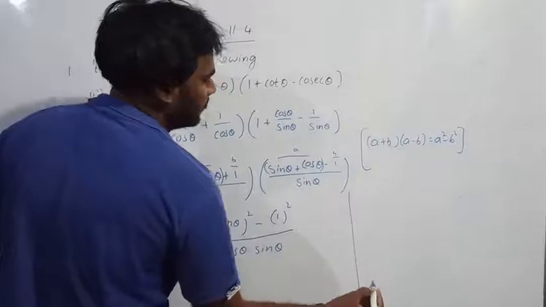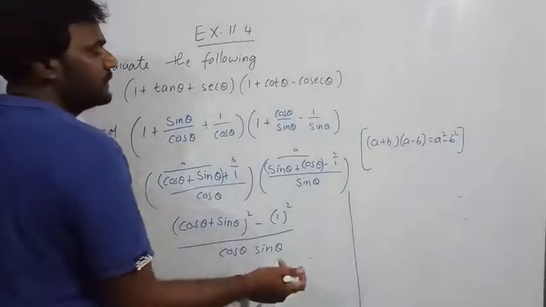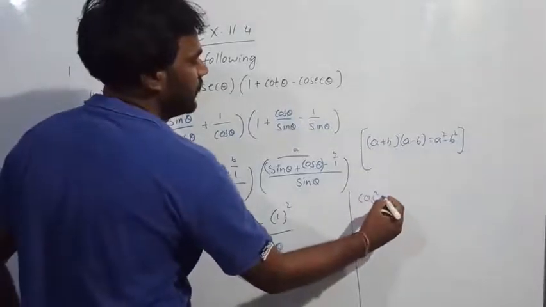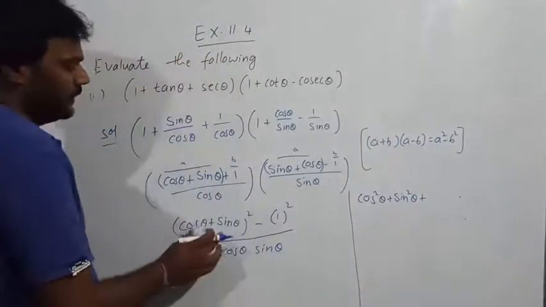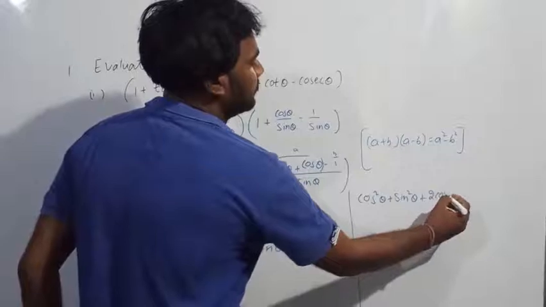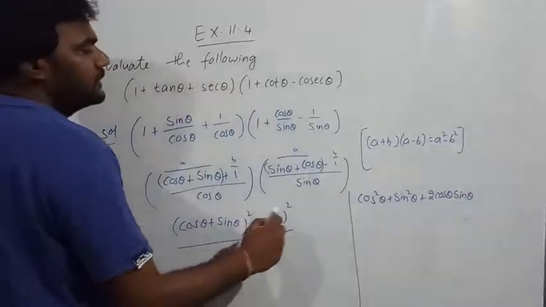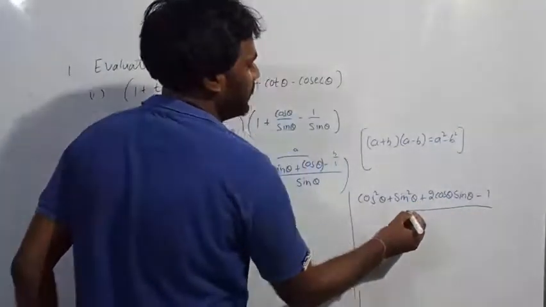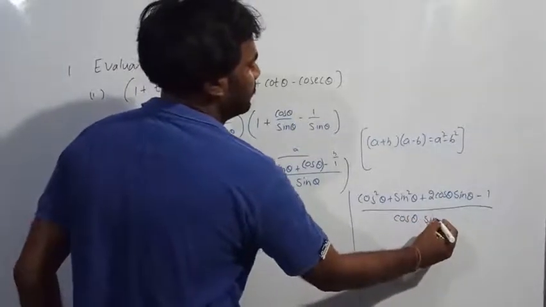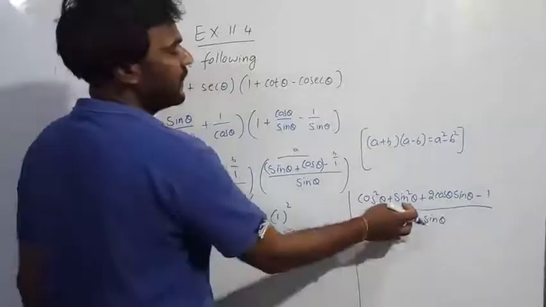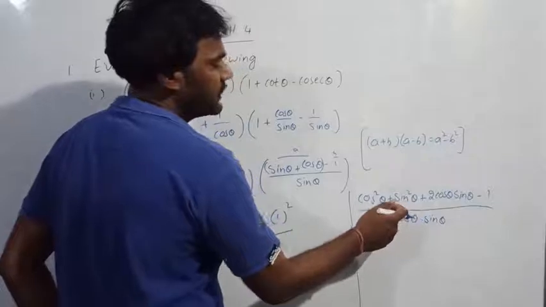Okay, next. Now see here, it is in the form of A plus B whole square. So A plus B whole square means what? A square plus B square plus 2AB. So 2 cos theta sin theta minus 1 by cos theta into sin theta. So already we know sin square A plus cos square A value is 1, a trigonometric identity.